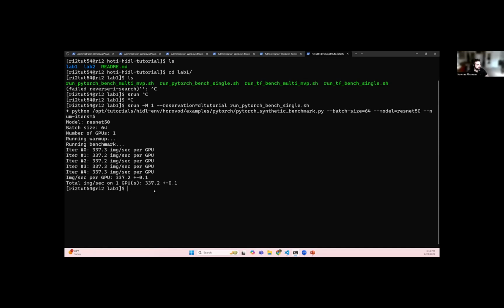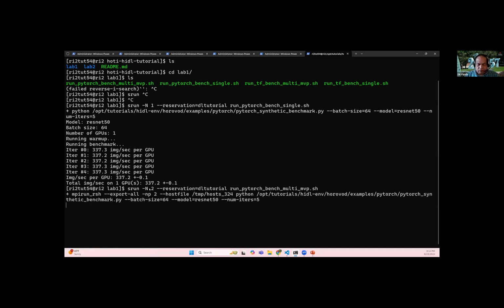Now, if we do this on 2 GPUs, instead of running the single benchmark, I'm going to run the multiple node benchmark. I'm going to tell the launcher to use 2 nodes. So in here, we're using MPI. We're using the env-pitch library to launch these.